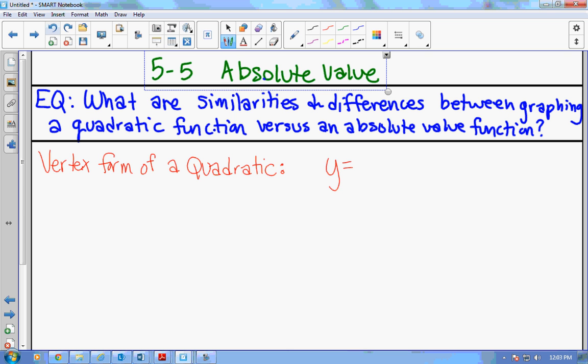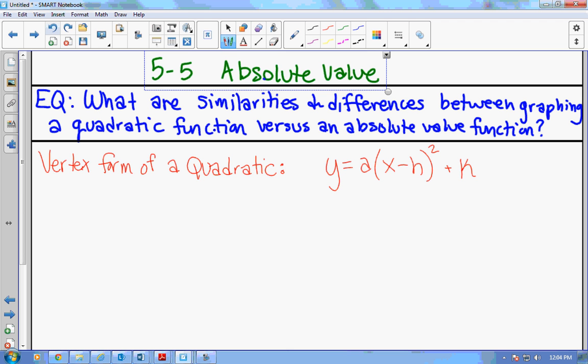Y equals, there's an A, parenthesis, X, minus, H, thank you, all squared, not Y, plus K. There we go. Does that look familiar?